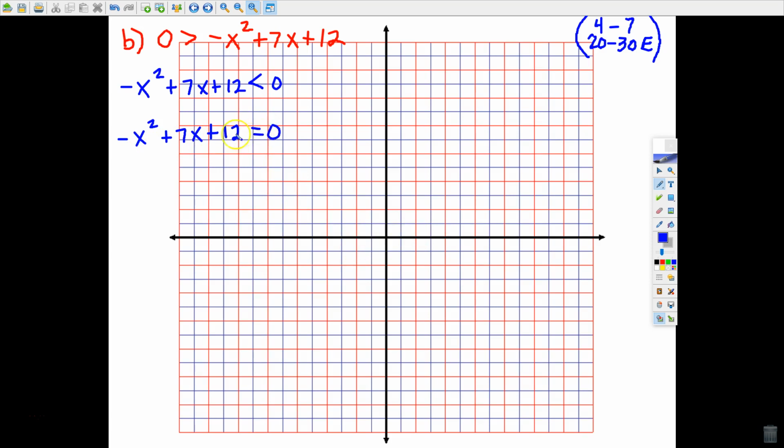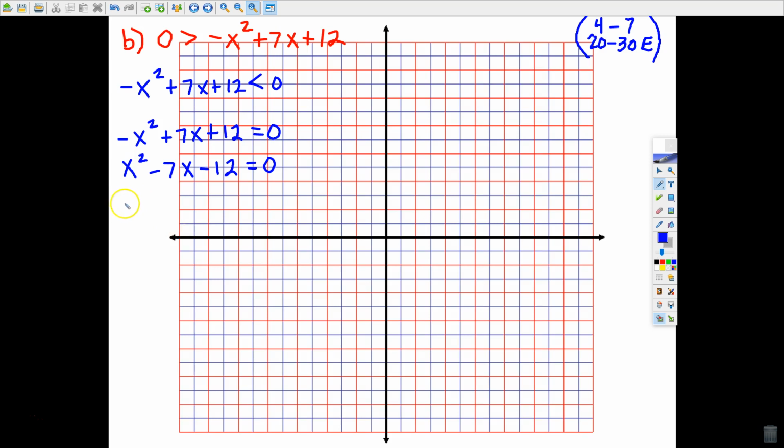By letting this be an equation, I'm going to see if I can solve it. Well, solving by factoring means that I need to change this into positive x squared, which means all the other signs are going to change. I'm looking at negative 12, factors of negative 12 that add up to negative 7, and there aren't any.